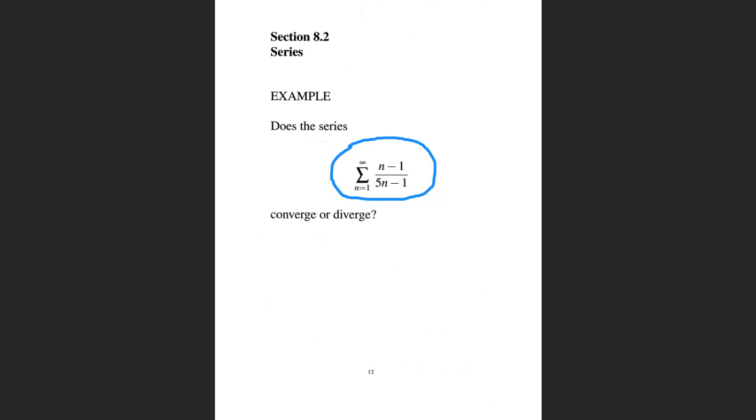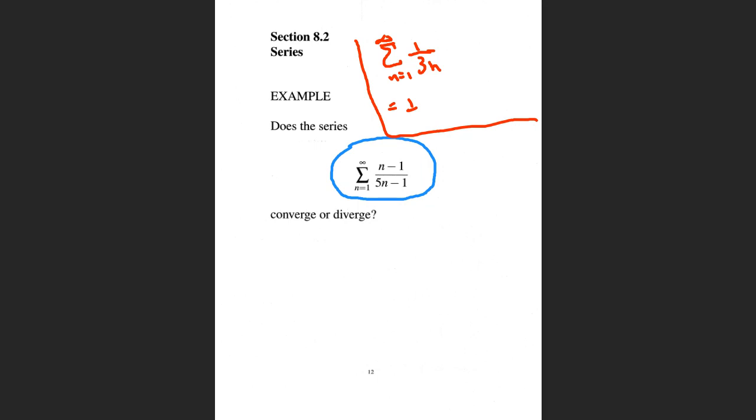And incidentally, while I'm at it, let's say you had a series like this, where n equals 1 to infinity of 1 over 3n.